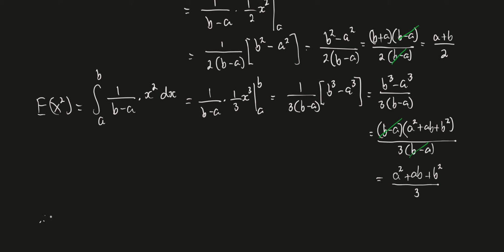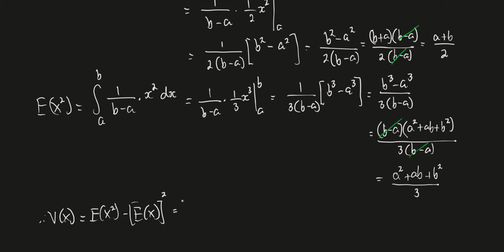So therefore, the variance of x is equal to, well, let me write down the general formula that we've used many times now. Right, so that's our formula for our variance.